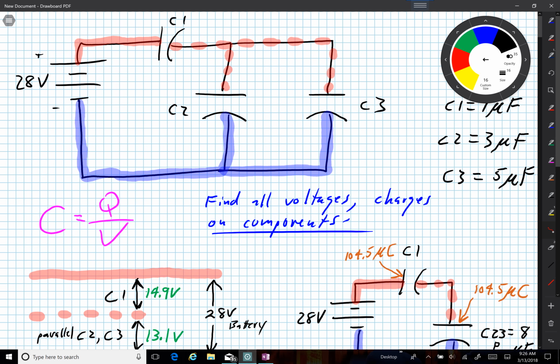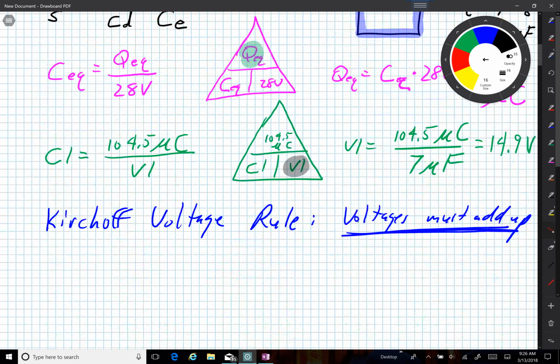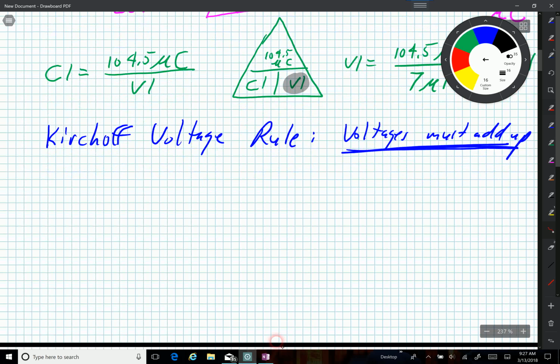Well, now I have enough information to apply my fundamental capacitance equation to these two capacitors, to C2 and to C3. Right? So I can apply this equation to both, and I know the voltage. So let's do it, and let's say C2 equals Q2 divided by 13.1 volts.